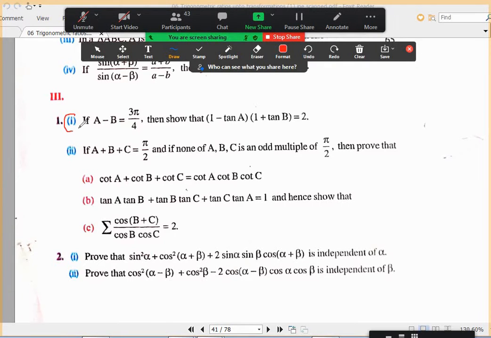Section 3, first question. Anybody any doubt? No doubt. This A bit, anybody any doubt? B bit?